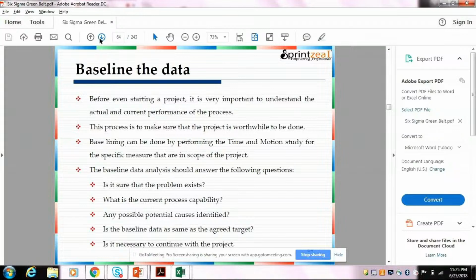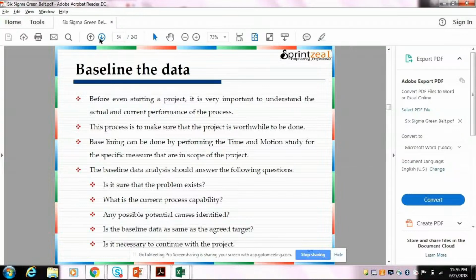And your baselining should be able to answer a few vital questions. One is, is it sure that the problem exists? What is the current process capability in terms of the sigma level? Have you already identified any potential cause? Is the baseline far away from the targeted value that we have taken, or is it the same as the agreed target?